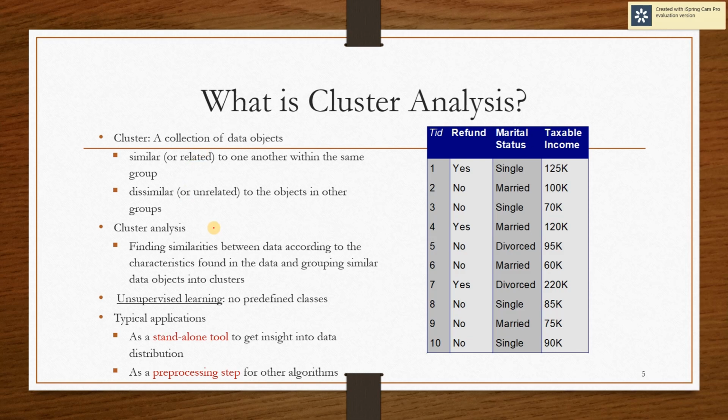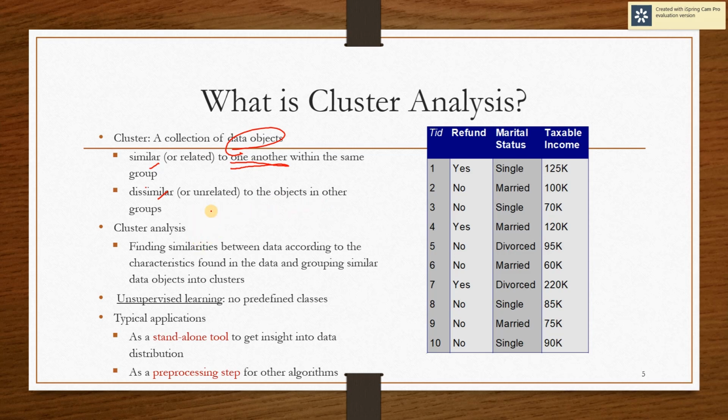The concept of a cluster, or the meaning of cluster, is a collection of data objects that are similar or dissimilar to other data. When objects are similar or related, they are related to one another within the same group, whereas dissimilar objects are unrelated to objects in another group.